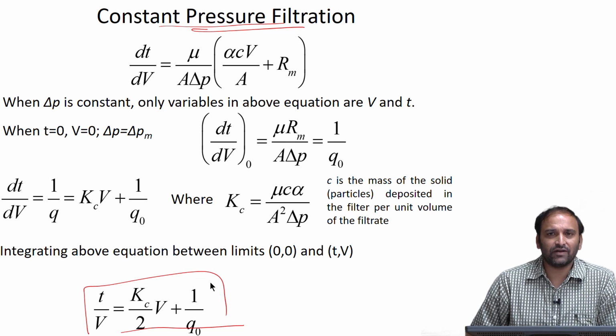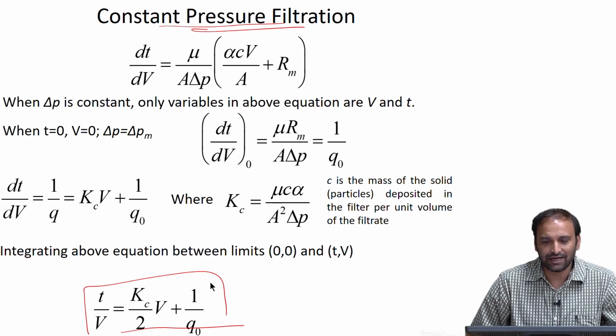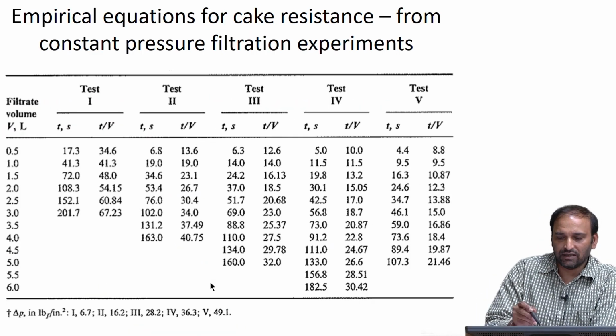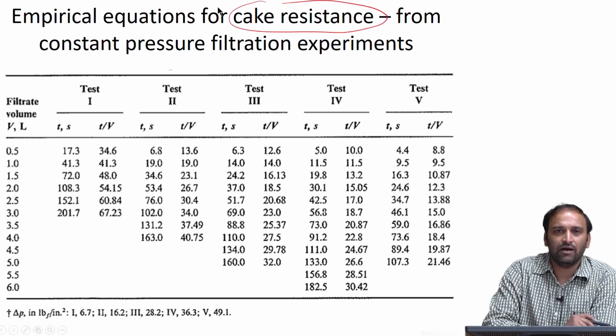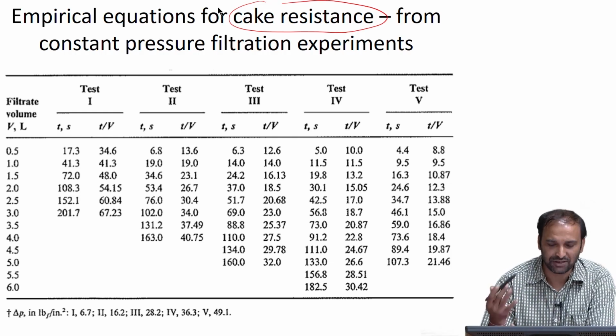As I mentioned, one of the nice things about doing this constant pressure filtration experiment is that you can generate data with which you can say something about the cake resistance. I had mentioned that you could do a series of constant pressure filtration experiments.